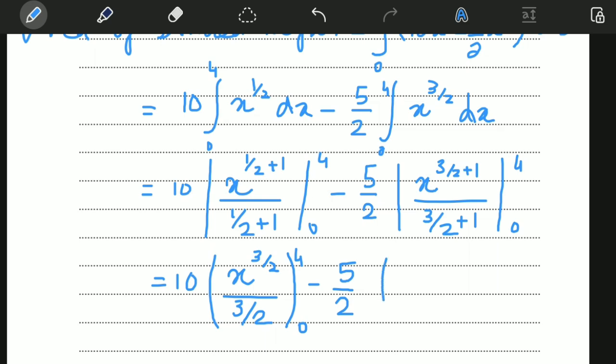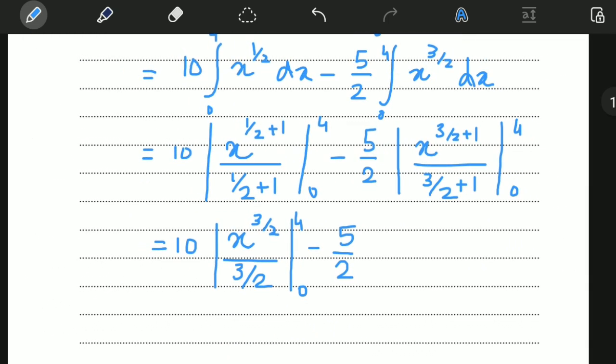Actually, we should carry on with the same line, brackets 5 by 2 into x to the power of 5 by 2 over 5 by 2.